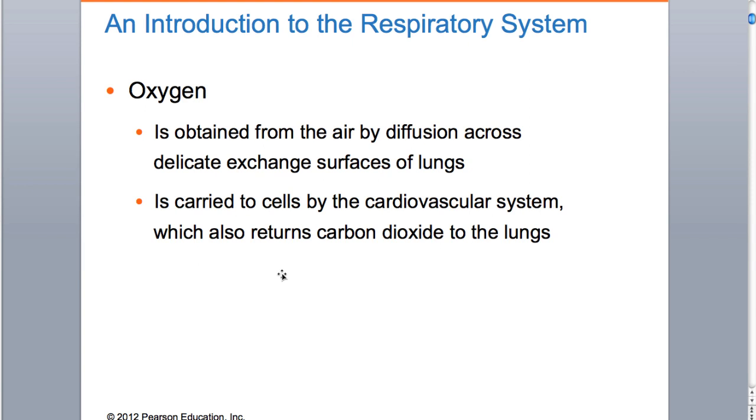Again, notice the theme that the author is bringing here too. Again, it is a story of being able to do what? Bring in the oxygen and remove the carbon dioxide. So you're going to see that repeated theme over and over.